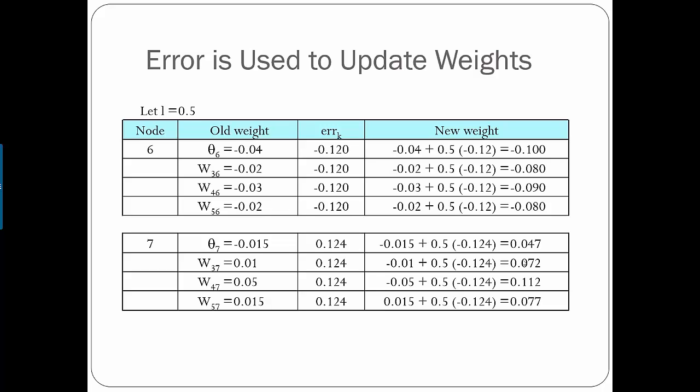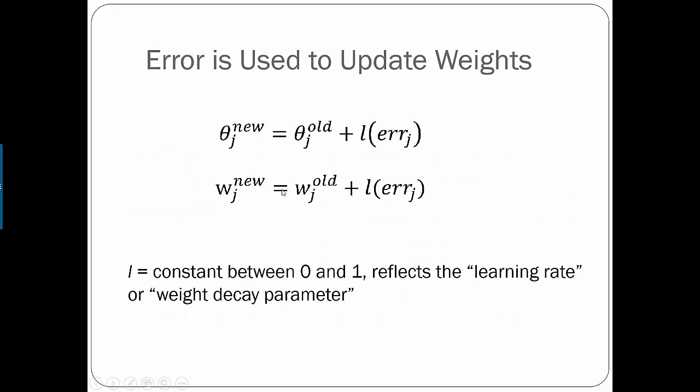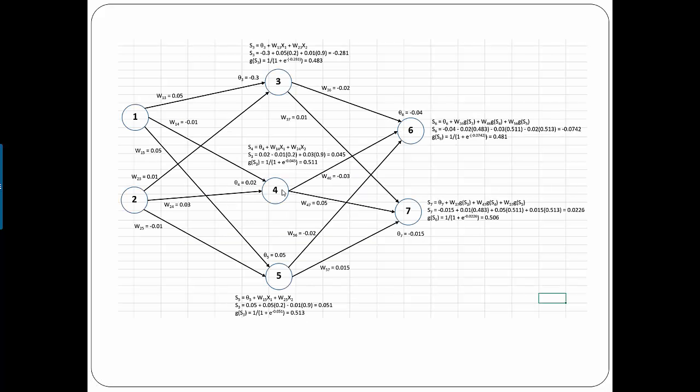Now we move backwards to the hidden layer. In the hidden layer we have three nodes, node 3, 4, and 5. We have to first figure out what is the error attributable to each of the three nodes. So node 3 has errors coming in from 6 and 7.